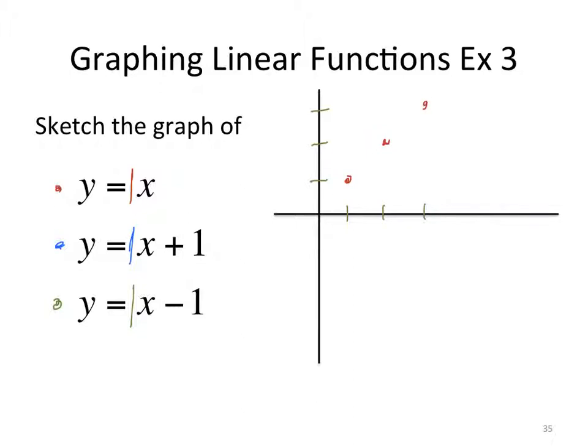And since the y-intercept is non-existent, it's 0, it should go right through 0. All right? The second one is exactly the same, but it has a y-intercept of 1, which means the whole entire graph is going to be shifted up 1. So it's going to parallel this first one, but it's going to be shifted up 1.